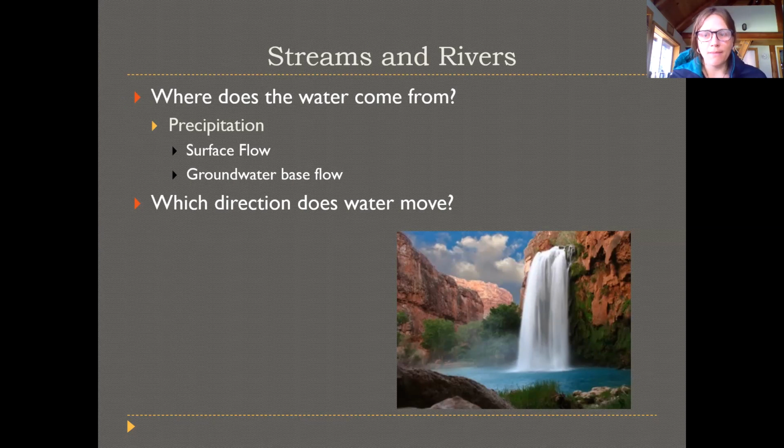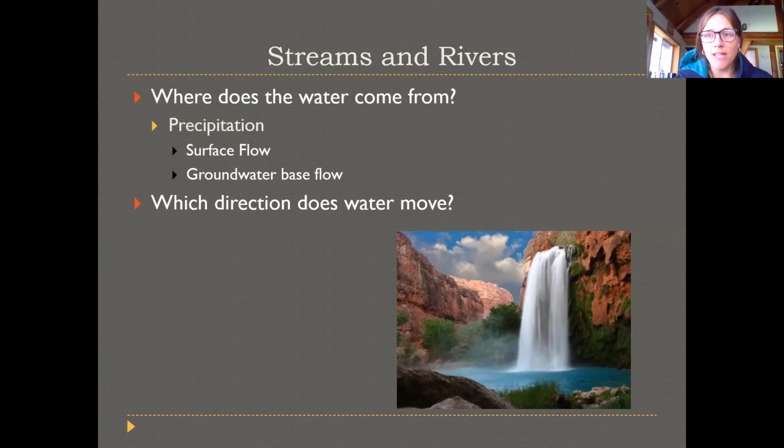So you've probably observed times where streams or rivers are flowing, even though there hasn't been precipitation for a long period of time, right? It's summertime around here. Maybe we haven't had rain for a couple months. All the snow is melted, so there's not any old precipitation that's still melting into streams. And you might be wondering, where is this water coming from?